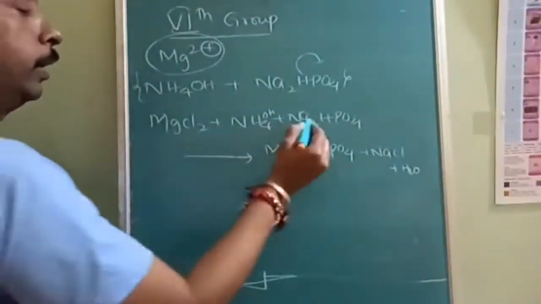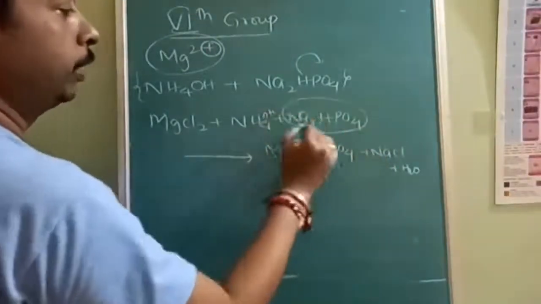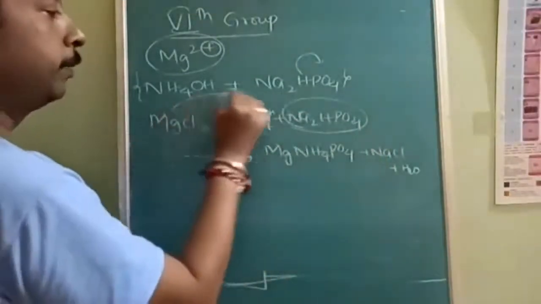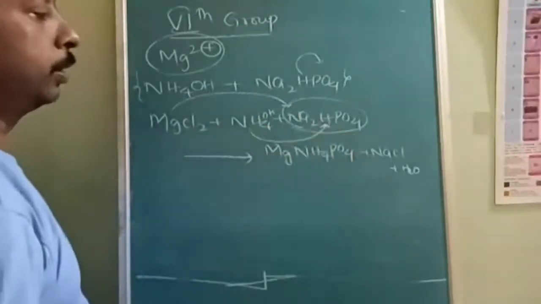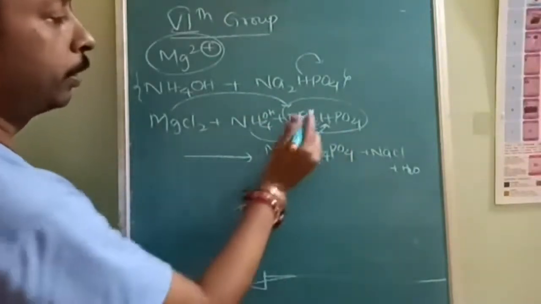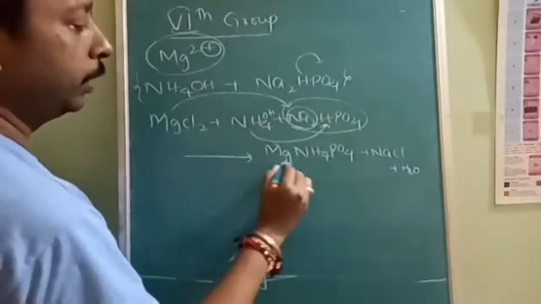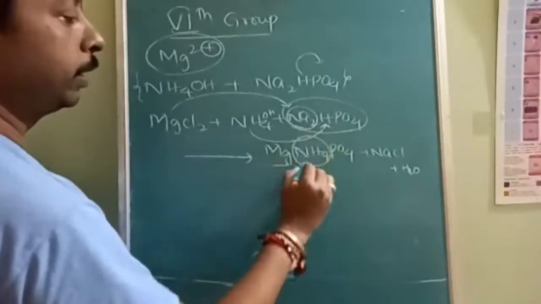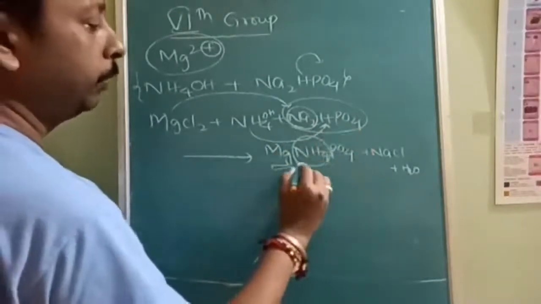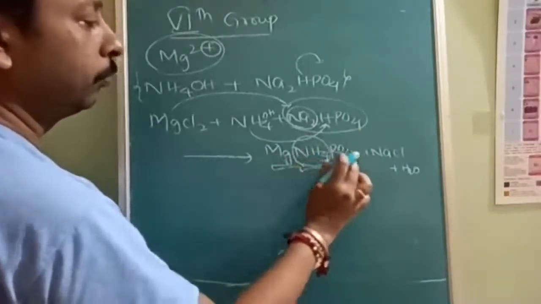When it is treated with sodium biphosphate, magnesium replaces sodium and ammonium replaces hydrogen. So the final product will be, in place of Na we have written magnesium, in place of hydrogen we have written NH4, and finally PO4: MgNH4PO4.